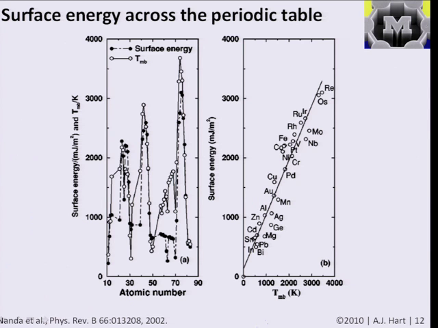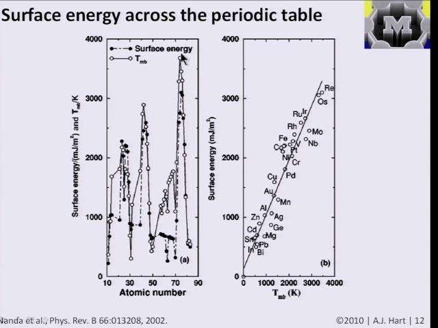And just as a little aside, for each solid on the periodic table, you have a surface energy that can be calculated or can be measured. And it turns out that as you go across the periodic table, as you go across in rows, the surface energy goes up in a periodic fashion.